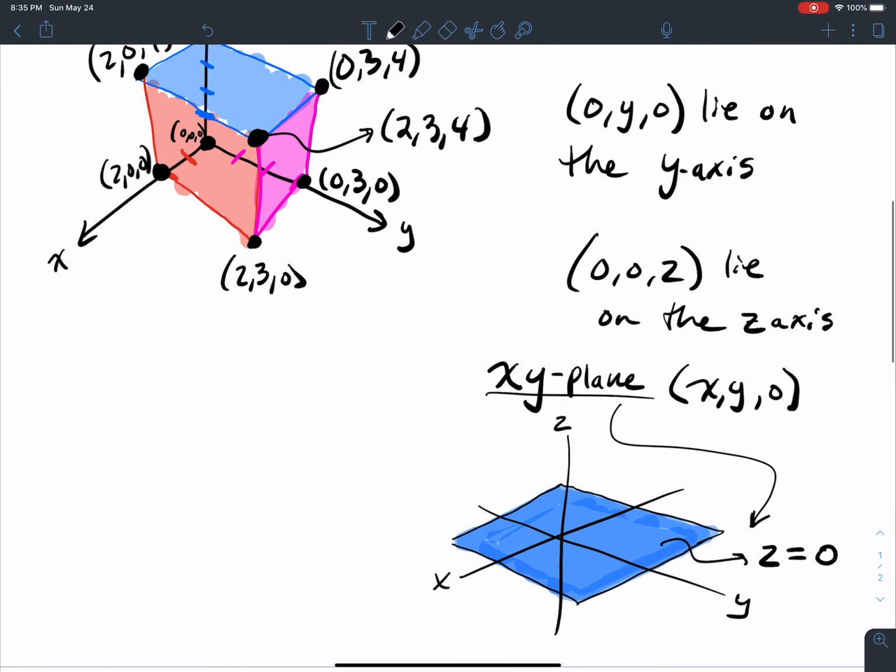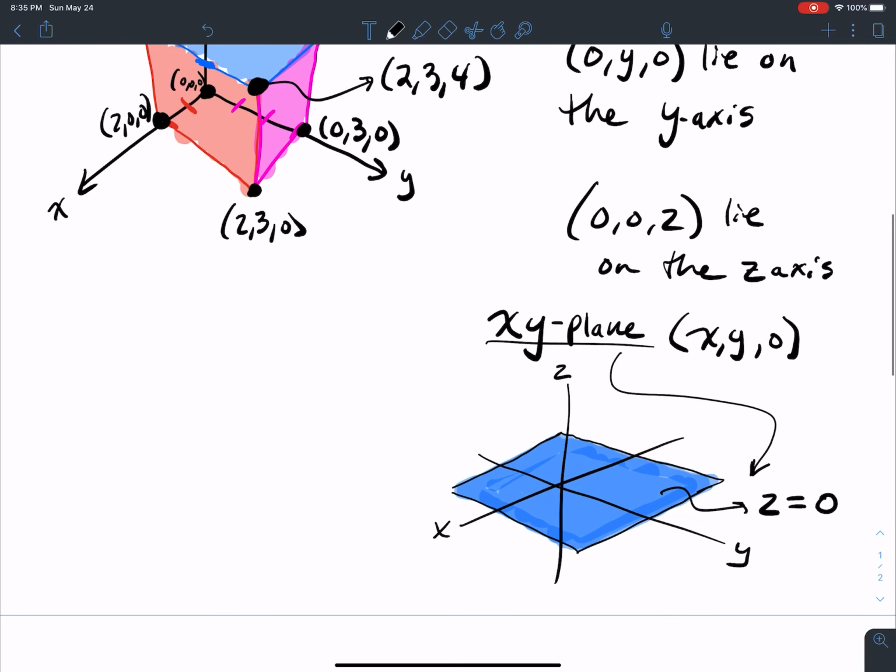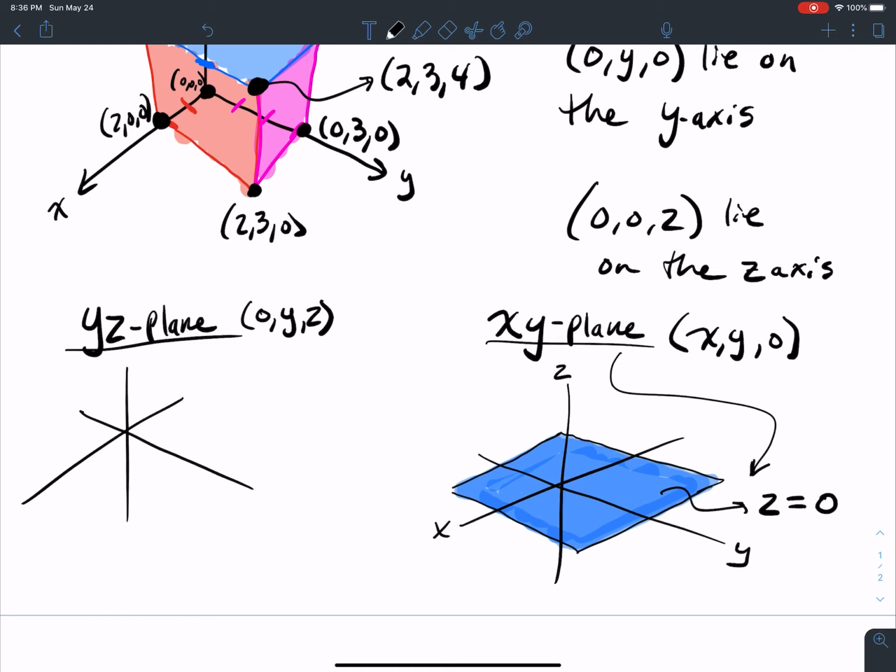Same thing if you had the yz plane. The yz plane would be 0, y, z. What would that look like? Well, that's x, that's y, that's z.